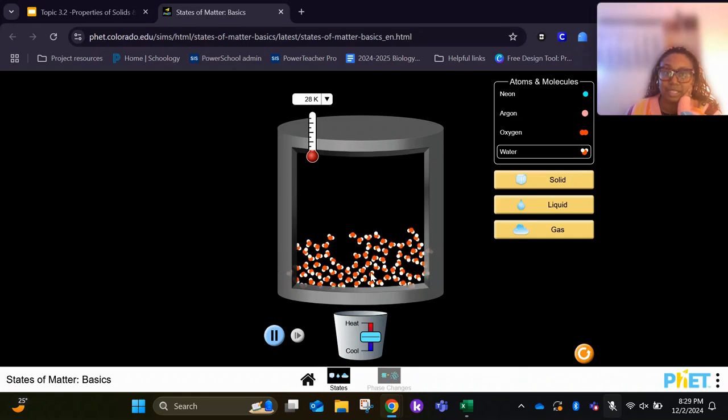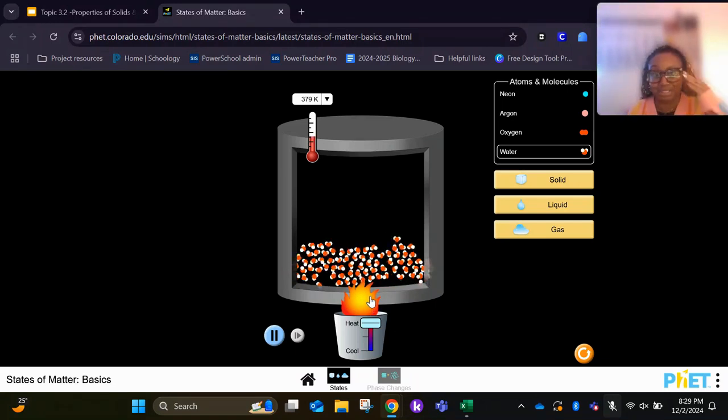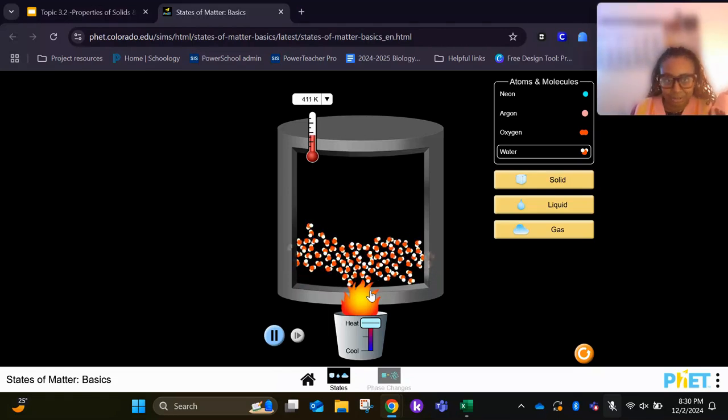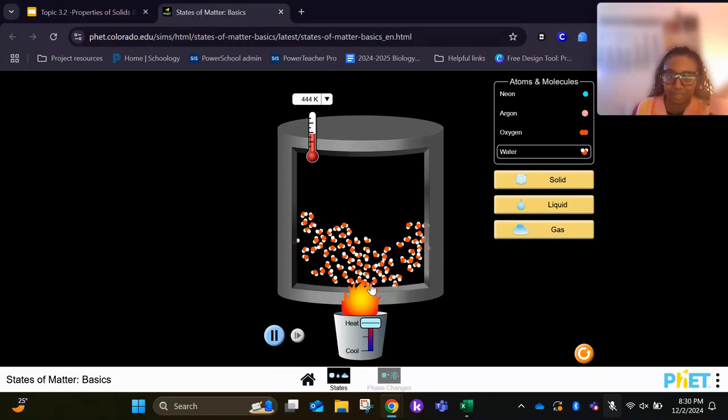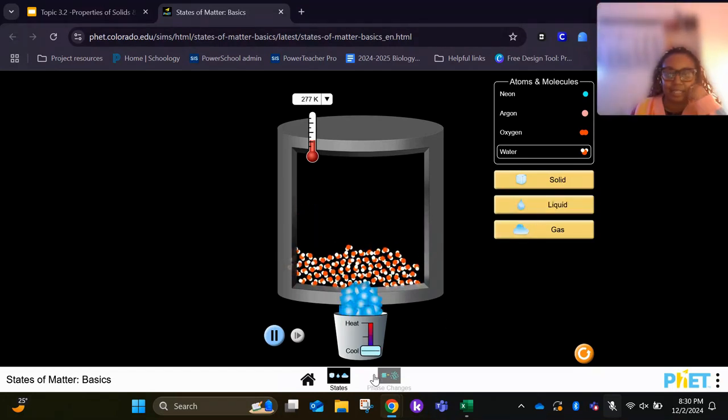If you notice, in the solid they're just vibrating in their spot. In the liquid, you'll see that they're kind of moving around each other, right? As I heat it up, it's still taking a high temperature, and I don't know if you looked at the temperature itself, but it's still taking a high temperature for it to end up as a gas.